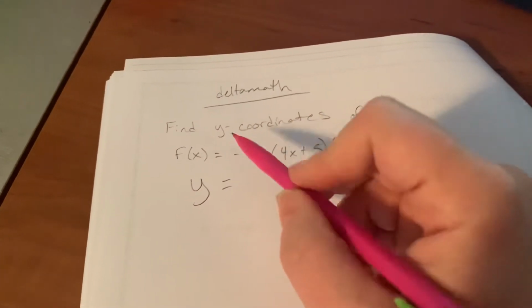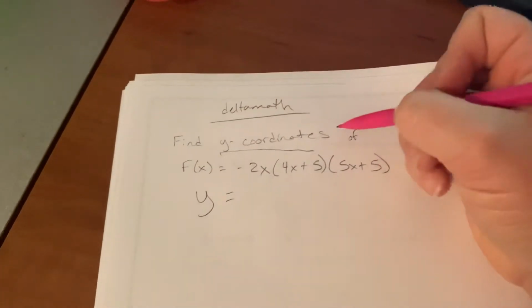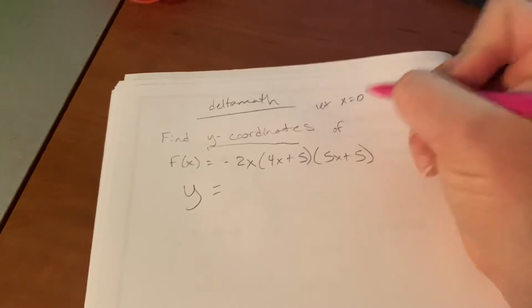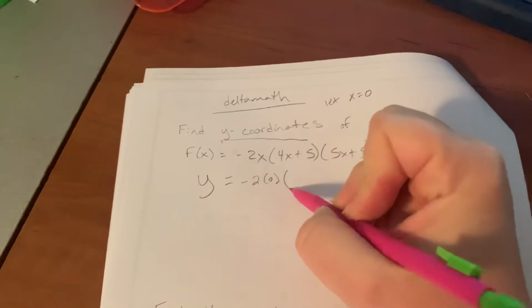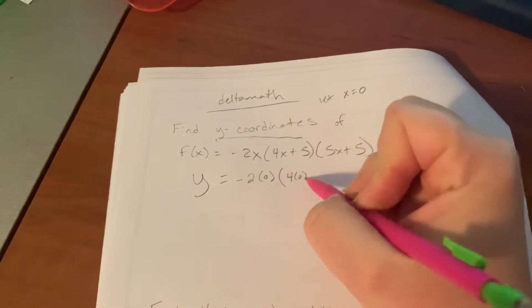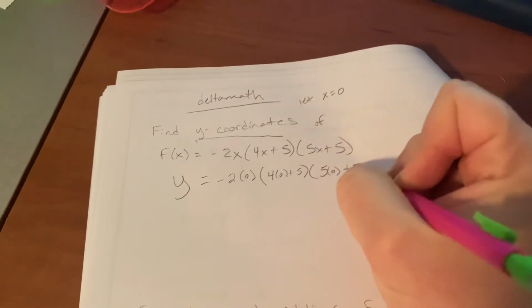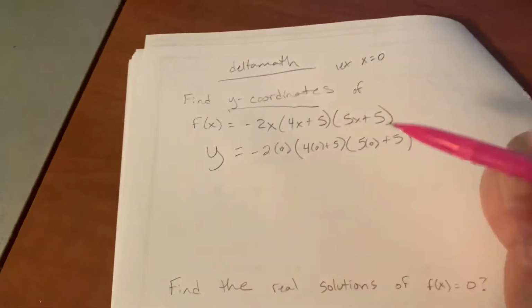If I'm trying to find the y-coordinate, then what variable will be 0? Of course, the opposite. So we're going to let the x variable be 0. If I come in here, I've got negative 2 times 0, 4 times 0 plus 5, and then 5 times 0 plus 5. Then I can simplify everything out.